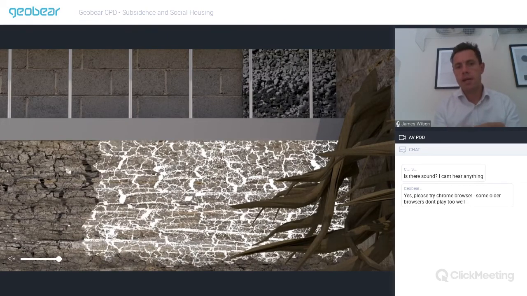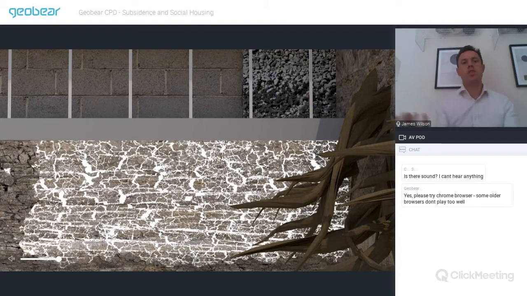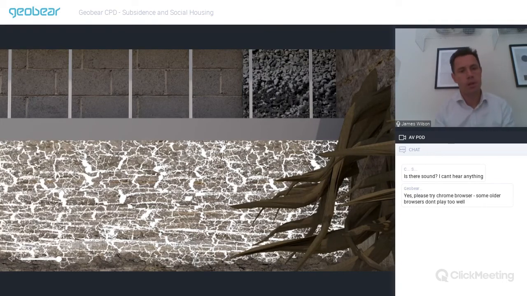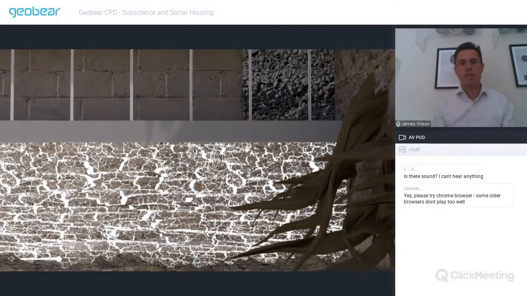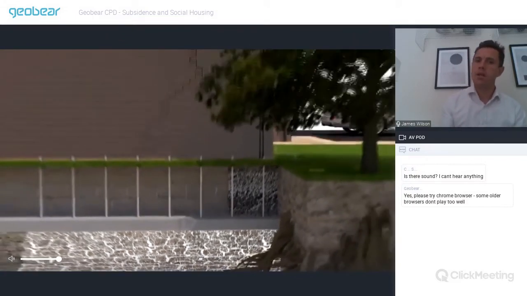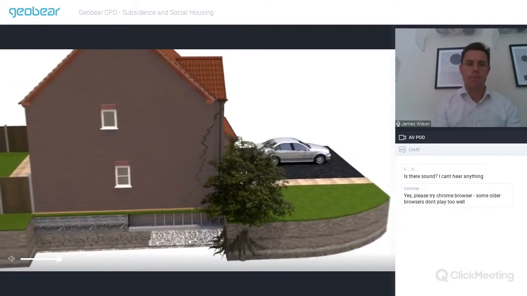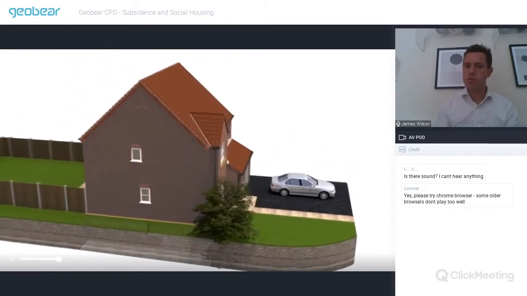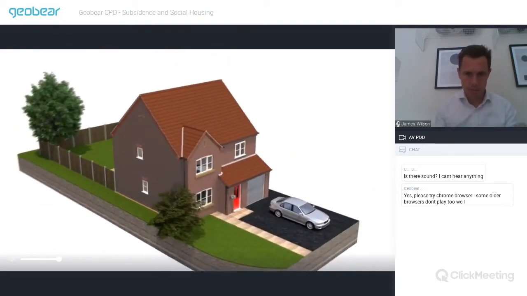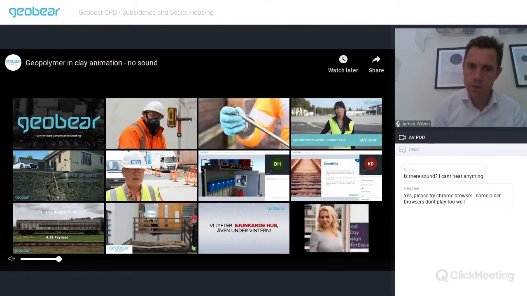So that clay is now stable. So you're basically effectively reducing the plasticity, the shrinkability of the clay to a much more acceptable level. So you can then come along afterwards and repair these cracks and, provided the tree roots don't go any deeper than they have when we did the works, you would be fine.